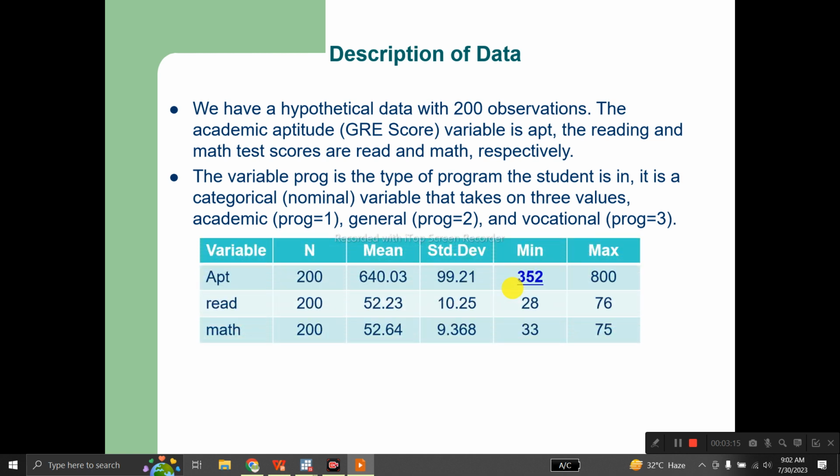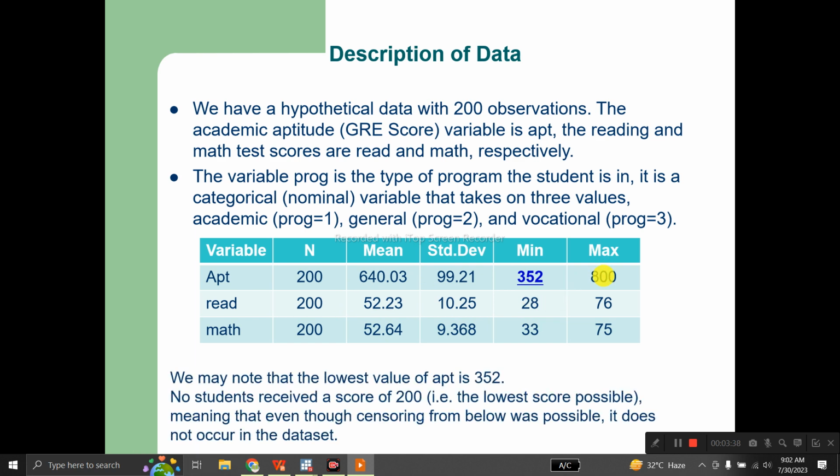Here are the descriptive statistics of the three variables that we are using: apt, read and math. These are the three scale variables. We have their total number of observations, their mean values, their standard deviations, their minimum and maximum.